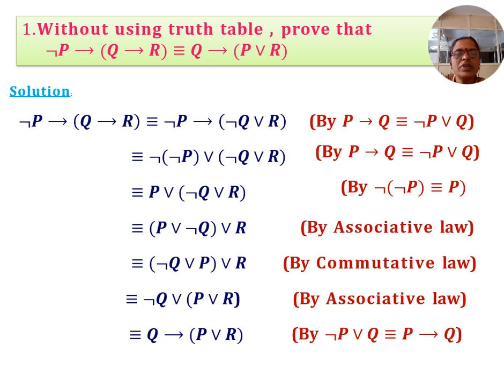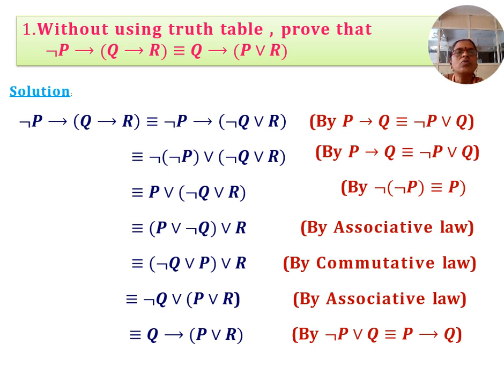Then fourth step, the associative law is applied, just interchanging the brackets. Then fifth, the commutative law is applied in the first bracket. And then sixth step, the associative law again, interchanging the brackets. That gives, again by the implication conversion law, Q implies (P or R). So we have got the right hand side proposition.